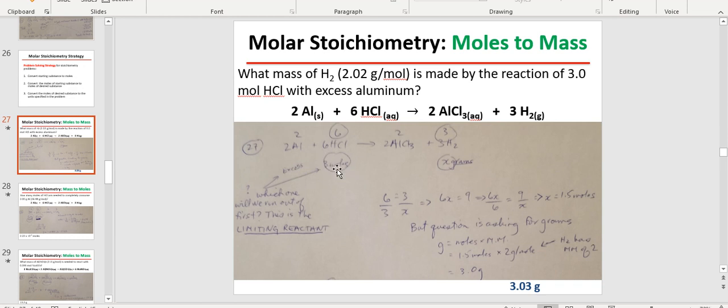It's going to run out, and I'm going to have this left over. So when you see excess, what we're talking about is that this one is going to go to 0, and the reaction is going to shut.